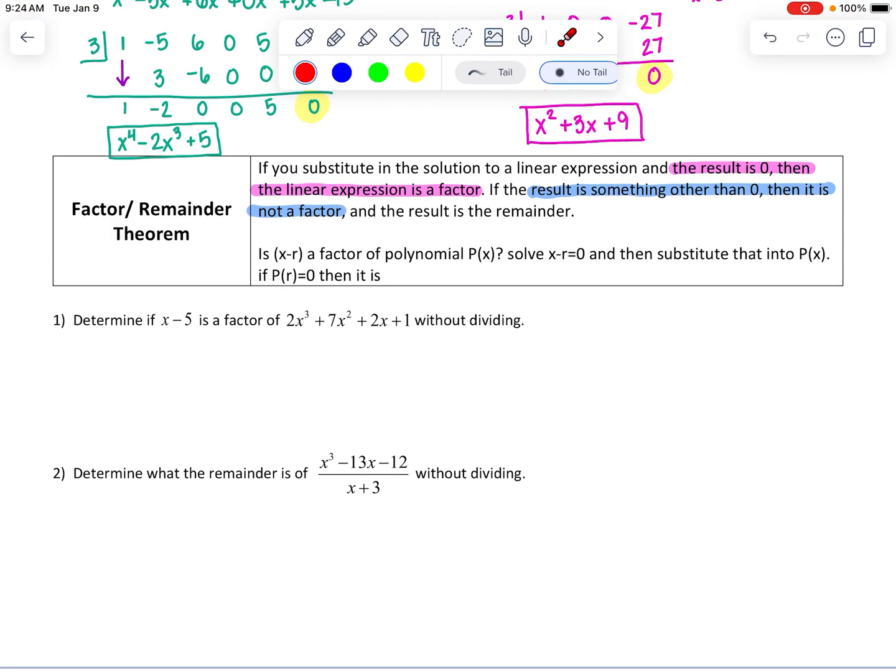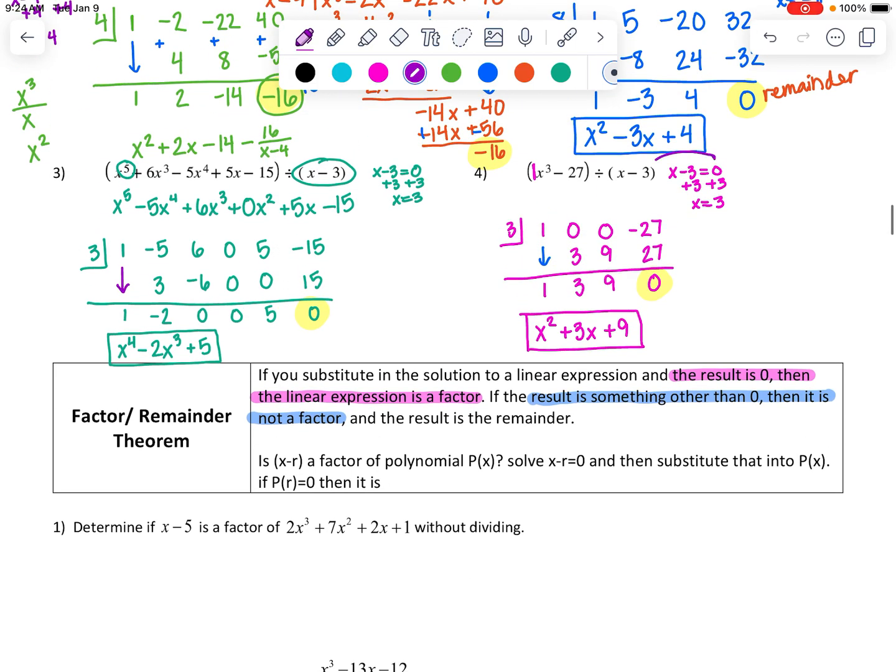Okay, a couple other things here that we can do with our remainders to understand our polynomials. So it says our factor and remainder theorem. So if we substitute our solution to the linear expression, so every time we've been solving up here that x minus 3 equals 0, our solution would be that x equals 3.